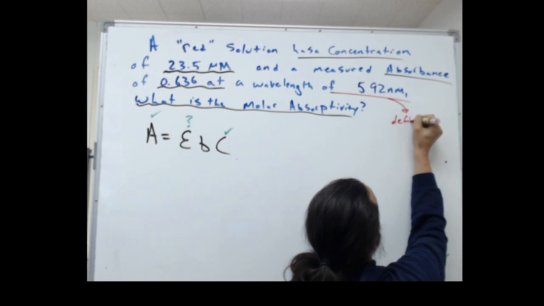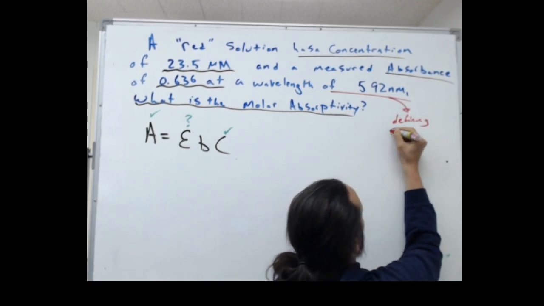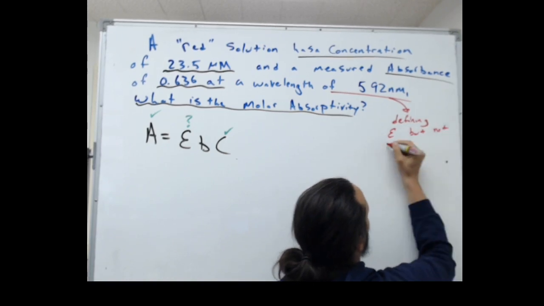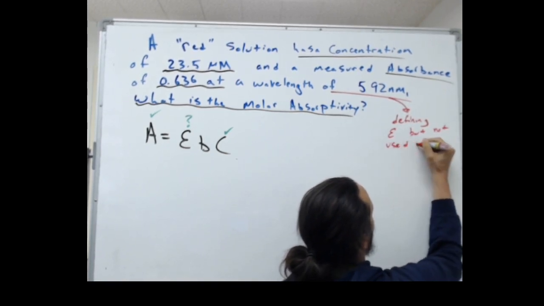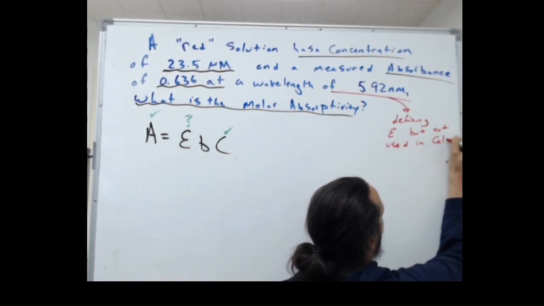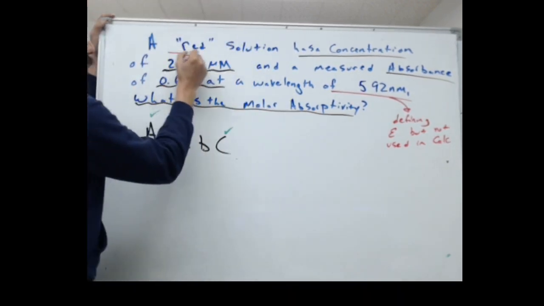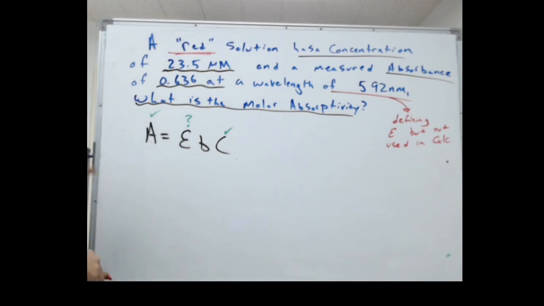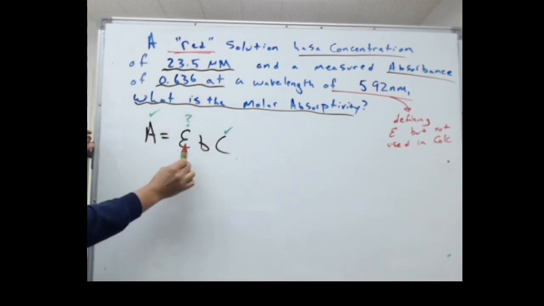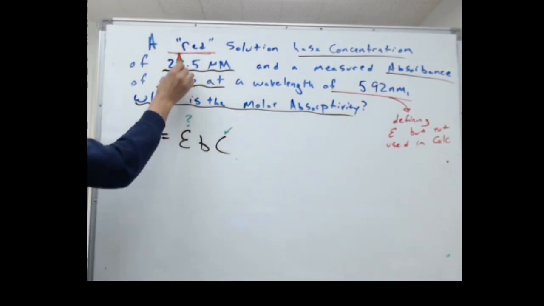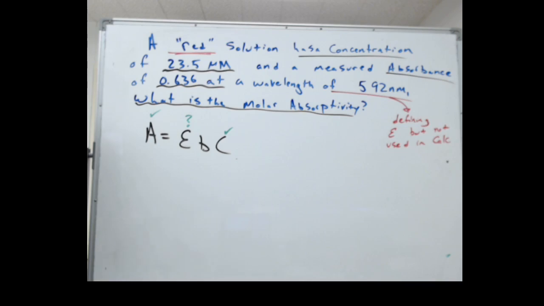Defining epsilon, but not used. That is the same as saying this word red is not going to be used in the calculation. It's important for defining the epsilon, kind of the chemical compound and the wavelength of observation, but it's not going to play a role in the calculation.